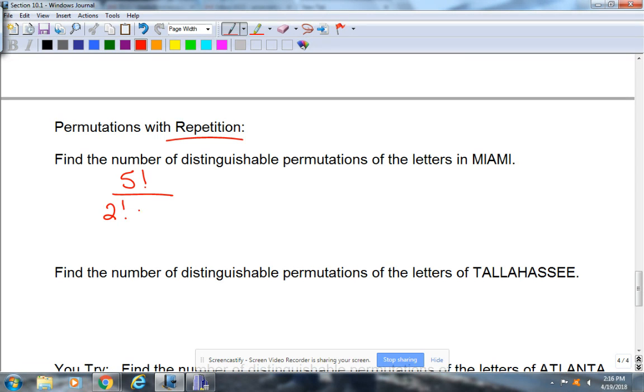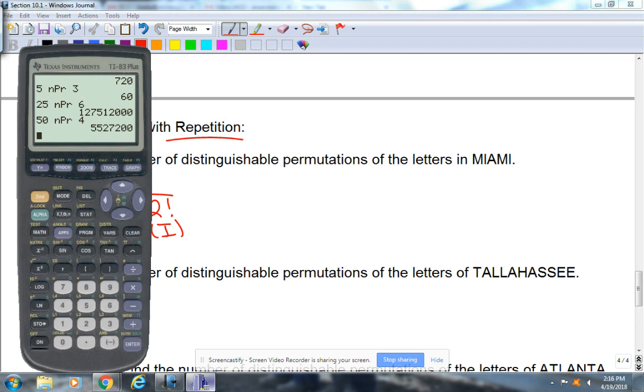And how many I's do you have? 2. So you're going to do 5 factorial divided by how many you have repeated. These are the M's and these are the I's. Okay? So in your calculator, I'm going to double check from my book to make sure I'm doing it correctly.